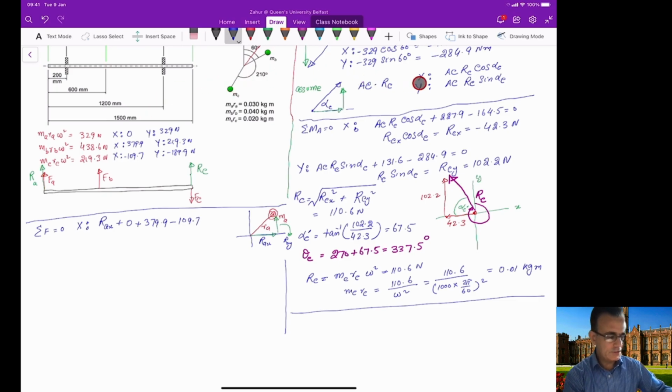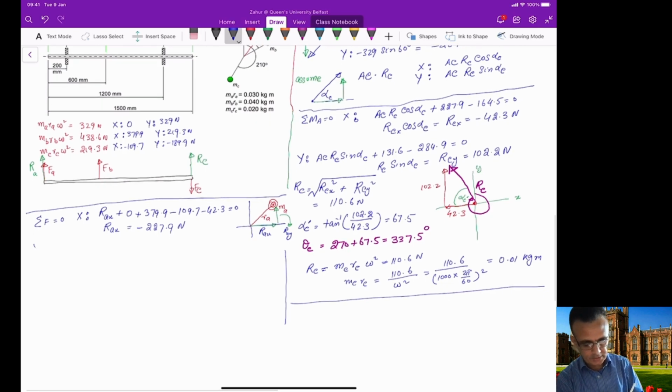And in addition to this, you will also add this force here, which is minus 42.3, and equal to 0. So from here you will calculate RAX, which is equal to minus 227.9 Newton.